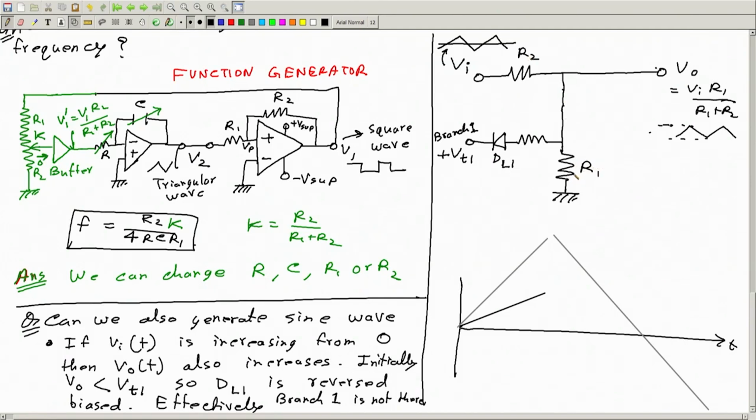If R1 is equal to R2, then this slope will be half, output will be half of input. So this is supposed to increase like this, and it will increase like this initially.